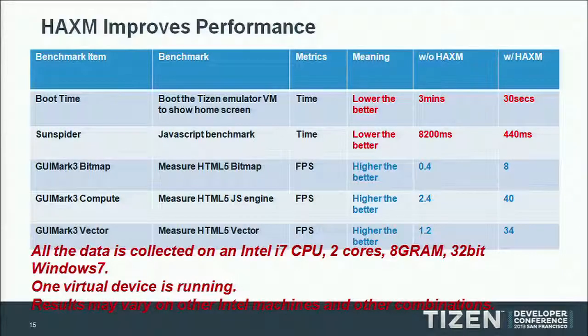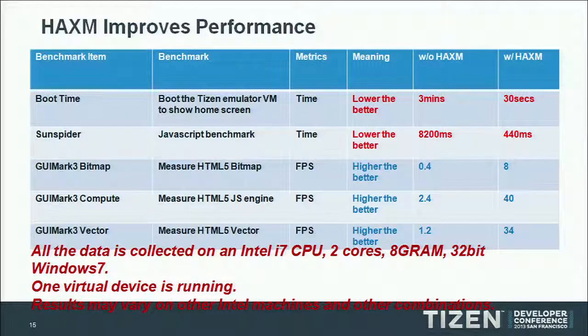The boot time is to measure the time from booting a Tizen emulator VM till showing the home screen. We can see that without HAXM, it needs nearly 3 minutes. And with HAXM, it needs 30 seconds.